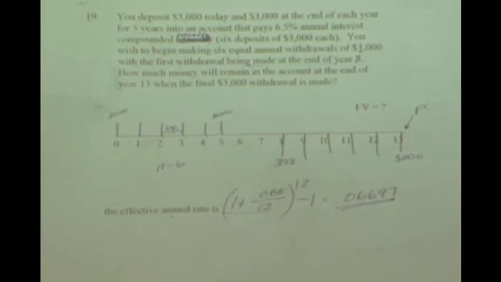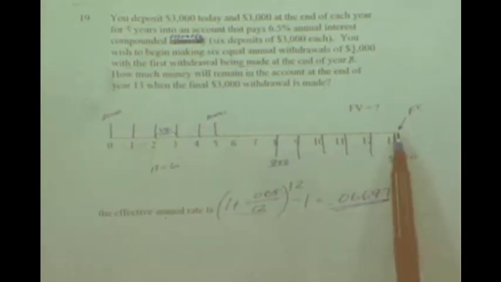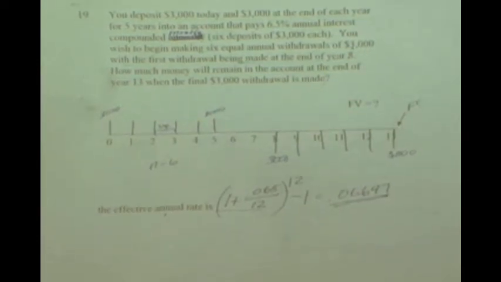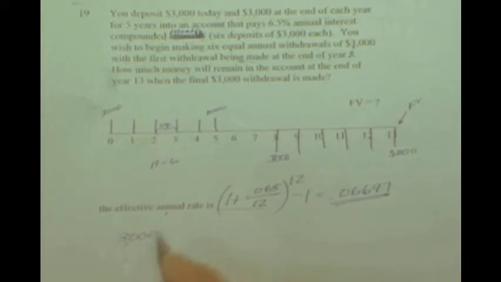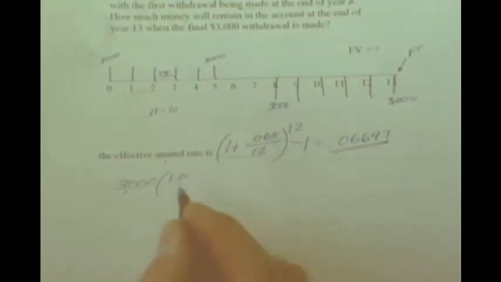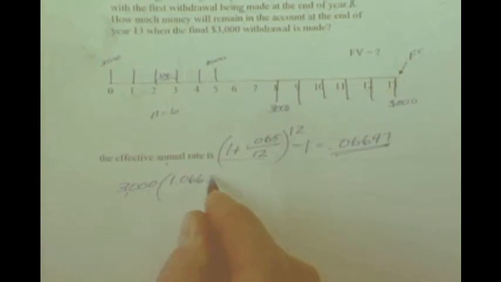And I think our strategy, of course, is let's try to get all of these payments to time 13. I'll start by taking $3,000. Use the future value of the $3,000 6-payment annuity. And we'll consolidate at some amount right here on top of the 5th payment.